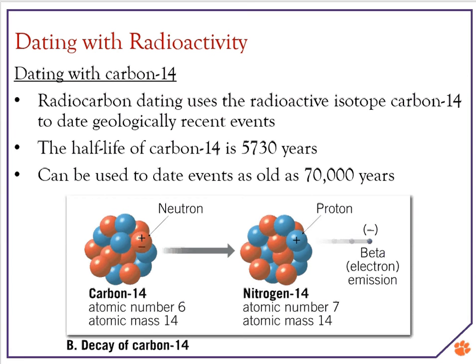Here in this picture, you see decay of carbon-14. So basically, carbon-14, which has atomic number of 6 and mass of 14, through beta electron emission, turns itself into nitrogen-14, which is the more stable version of carbon-14.